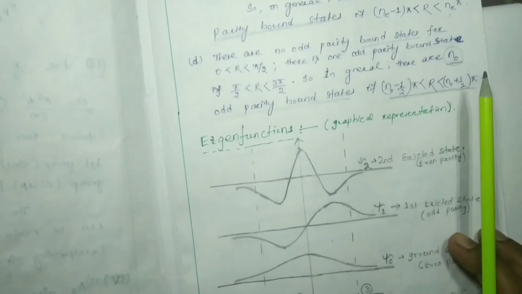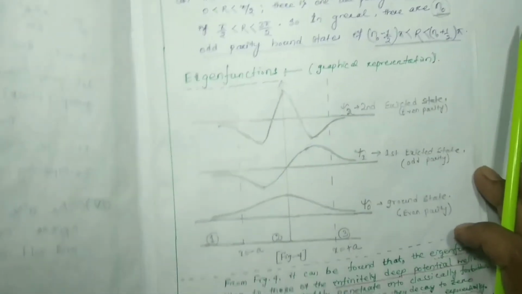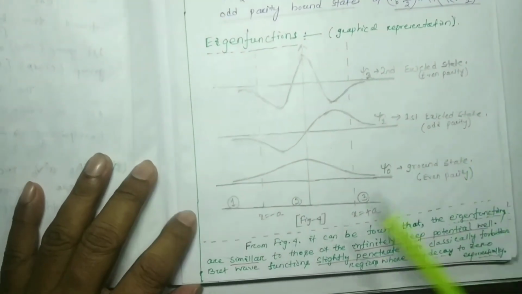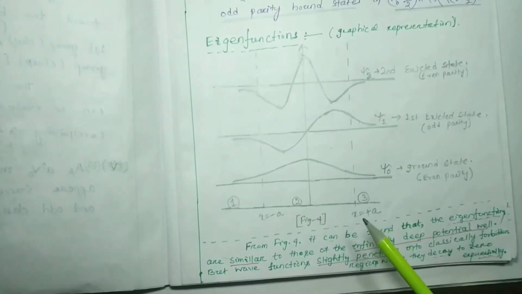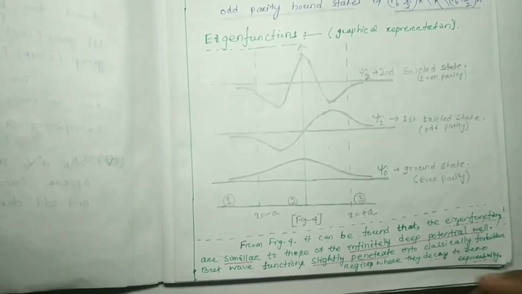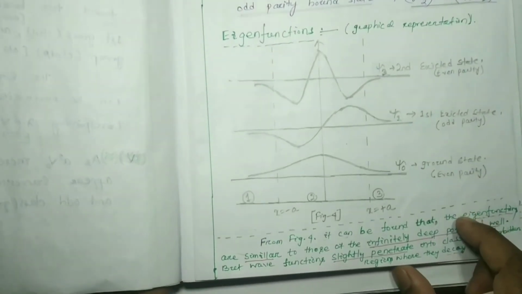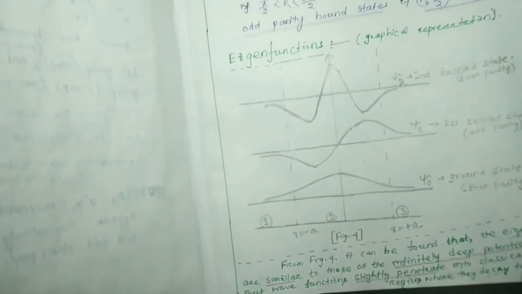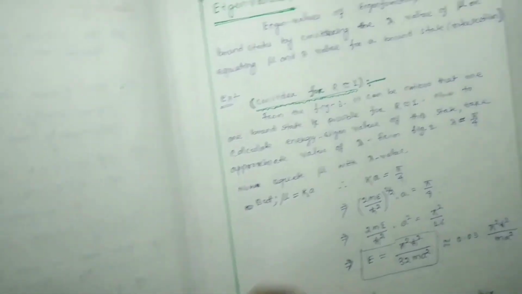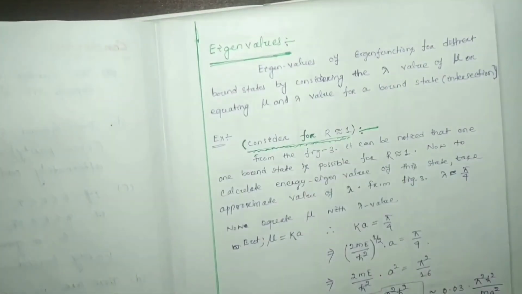So here we have to stop our discussion, because otherwise the video will be too long and it will be difficult for you to watch the full video. So here we stop our discussion, and in the next class we are going to discuss the Eigen values.